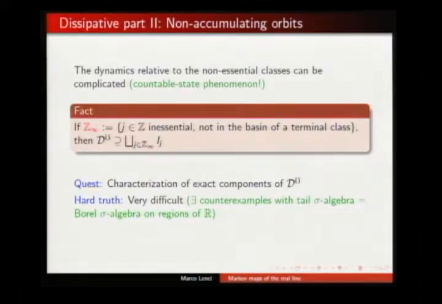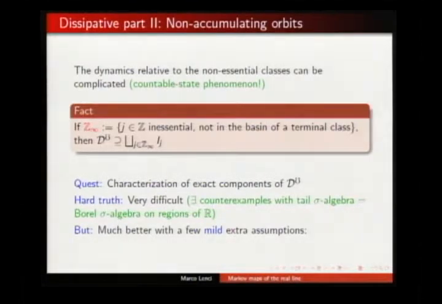So there are cases in which you have a number of good properties, but still the tail sigma algebra in some parts, so the intersection of the sigma algebra with the region of your phase space, is as big and as structured as the Borel sigma algebra. So it's really very far from being exact.